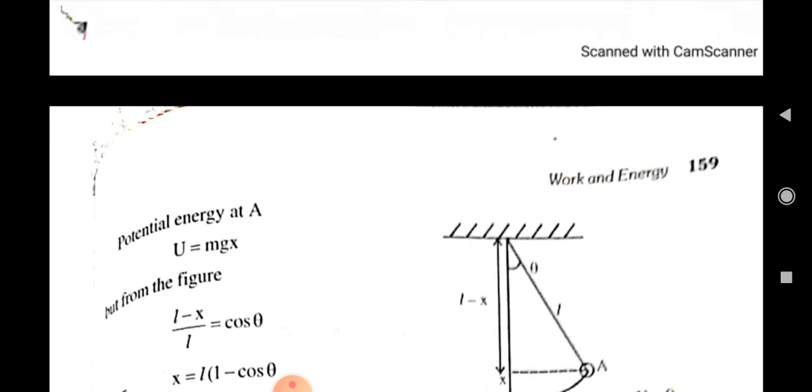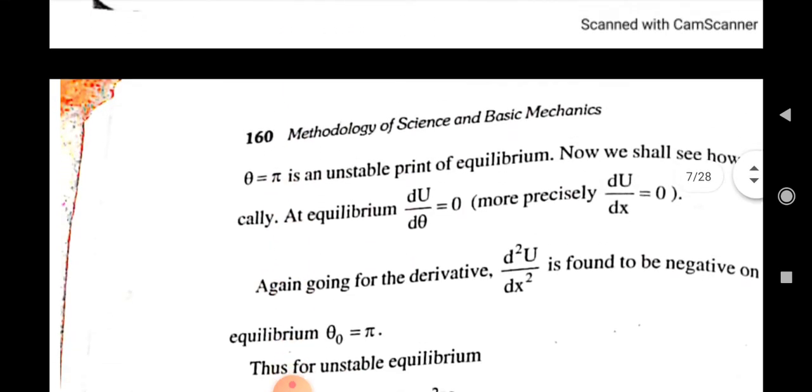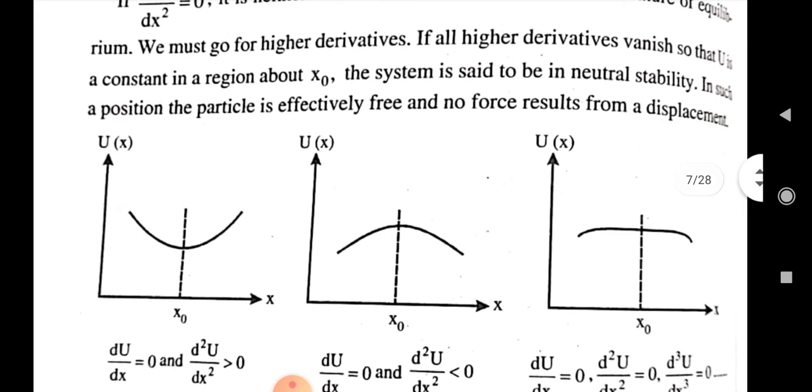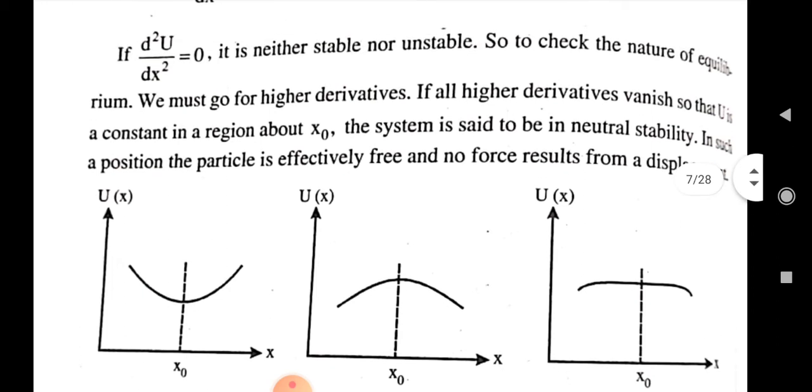But for unstable equilibrium, du by dx is equal to 0, but on either side of the point d square u by dx square is less than 0, that is, curvature decreases. But for neutral equilibrium, we have du by dx equal to 0 and d square u by dx square equal to 0, that is, there is no curvature variation. So this is stable, unstable, and neutral equilibrium.